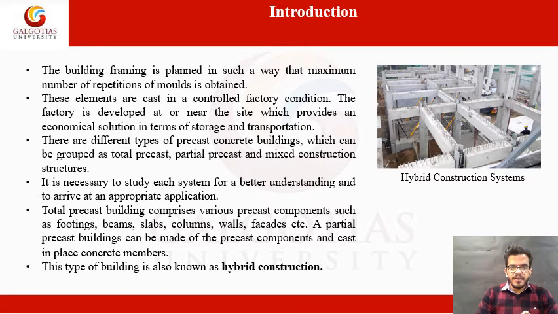A total precast building comprises various precast components such as footings, beams, slabs, columns, walls, facades, etc. A partial precast building can be made up of precast components and cast-in-place concrete members. This type of building is also known as hybrid construction. We will discuss all these components one by one in the coming lectures.